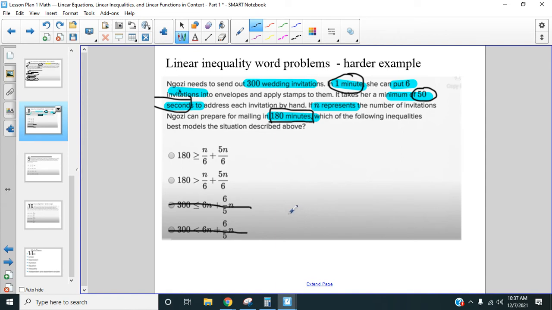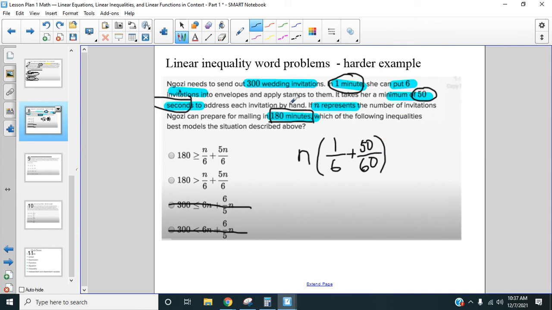All right, so this is a really tricky one. This is why it's one of the harder examples. We have a certain number of invitations that will take a certain amount of time. We have 1 minute to do 6, and we have 50 seconds to do the other.